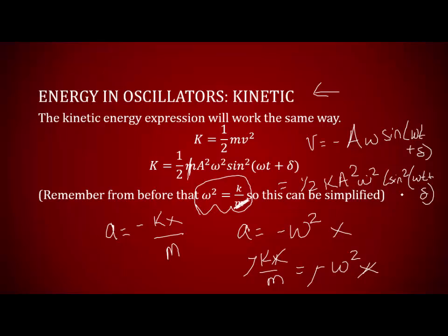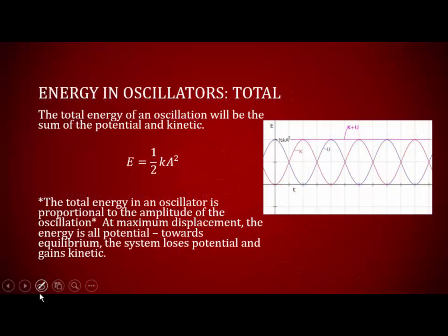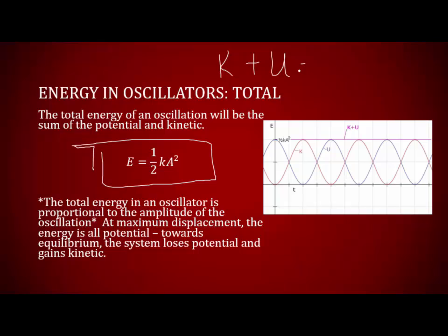Ooh, that's a mouthful. These are super long, but in essence what I'm doing here is showing you guys the energy of an oscillator is what you get when you add your kinetic plus your potential. That'll give you your total energy. That's the same way it's always been. So if I were to add those two expressions together, this is what I would condense it down to.